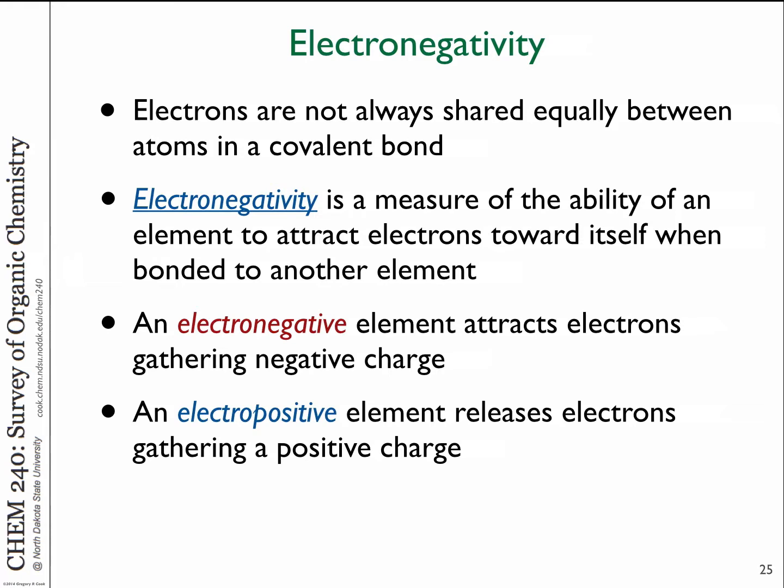So the electron distribution in that covalent bond, where those electrons spend most of their time within that probability function, will be equally shared. That means the H2 molecule is not polar. It's completely nonpolar.